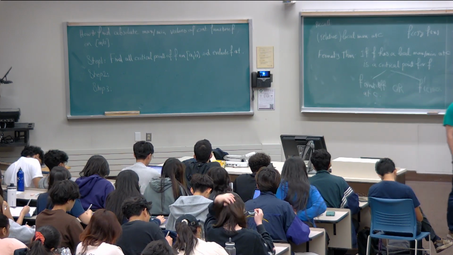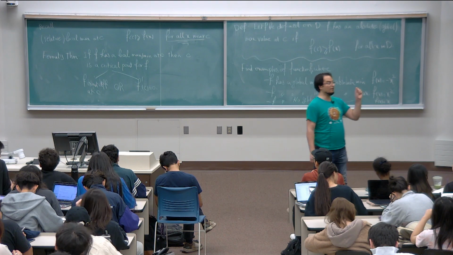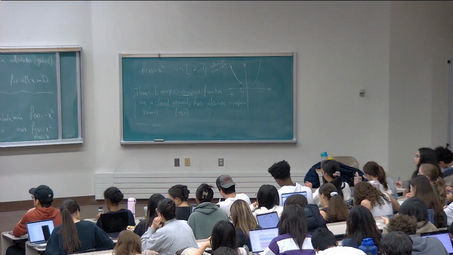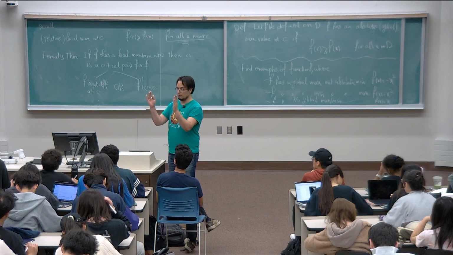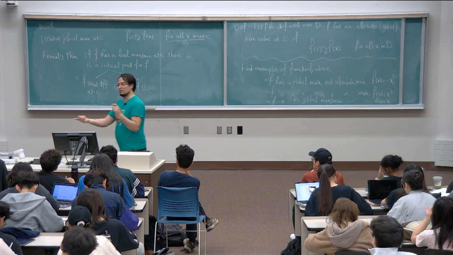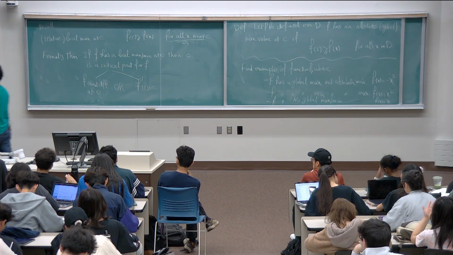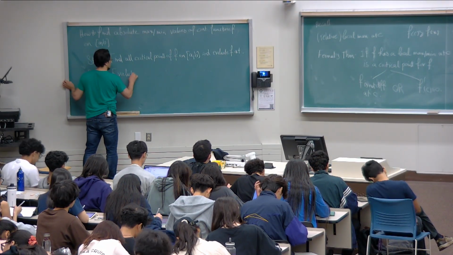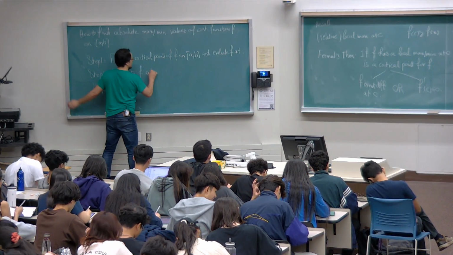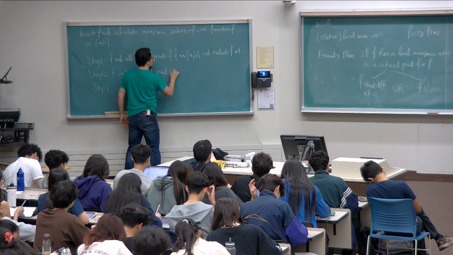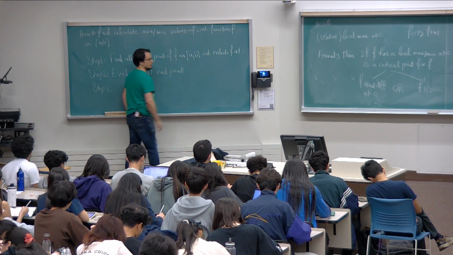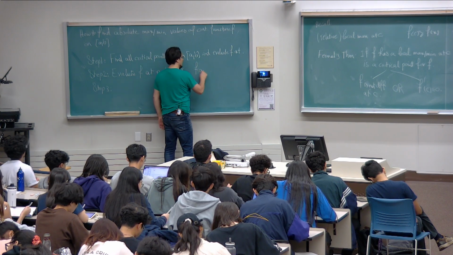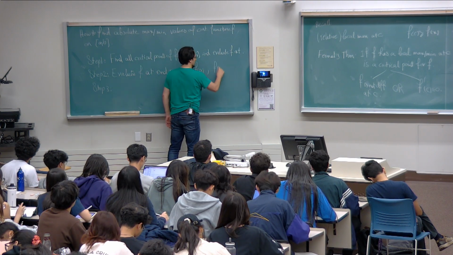So we find all the critical points of the function, but consider only the ones that are in the given interval, and evaluate our function at those points. Step 2, evaluate f at end points. Well, that means f at A and f at B.